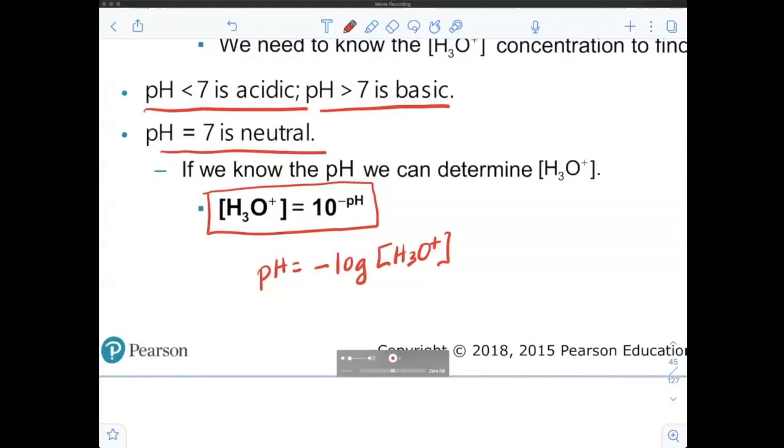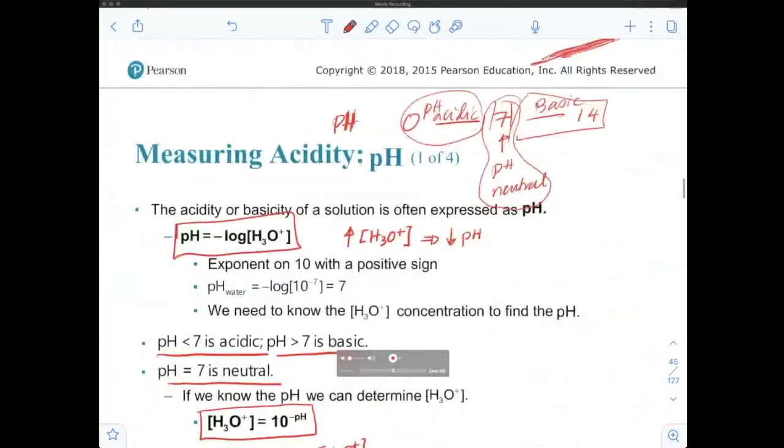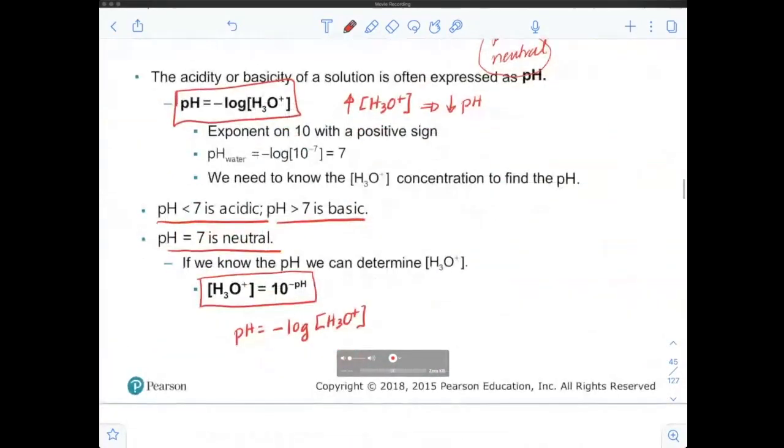When I was learning this way back when, many eons ago, I noticed a trend: every time P was used before a value like pH, the P stood for negative log to the base 10 of whatever symbol came after the P.